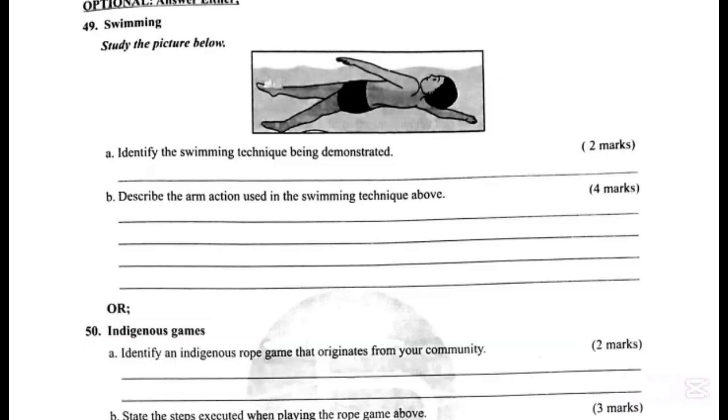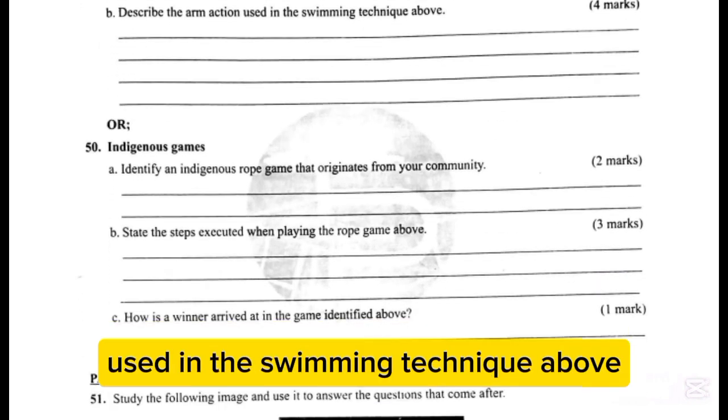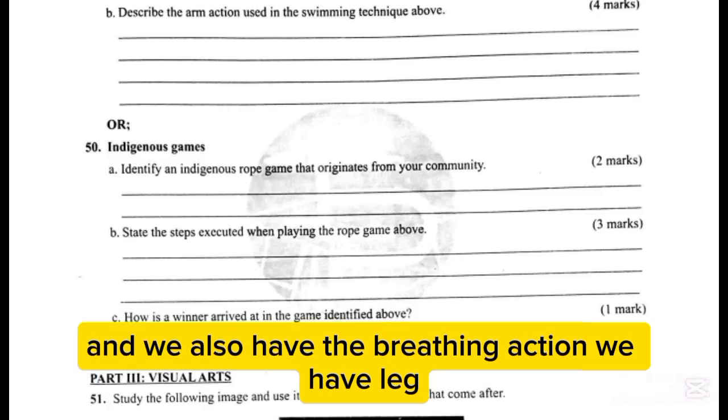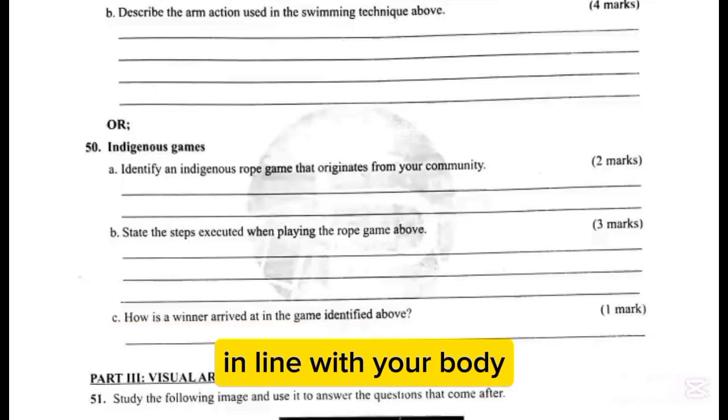Then you are being told to describe the arm action used in the swimming technique above. Remember, we have the arm action and we also have the breathing action. We have leg action. So here the question is about the arm action. Here, the arm is extended above your head in line with your body.